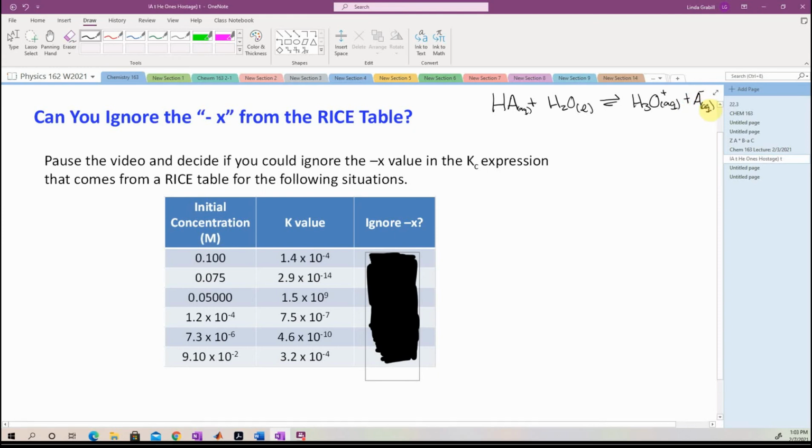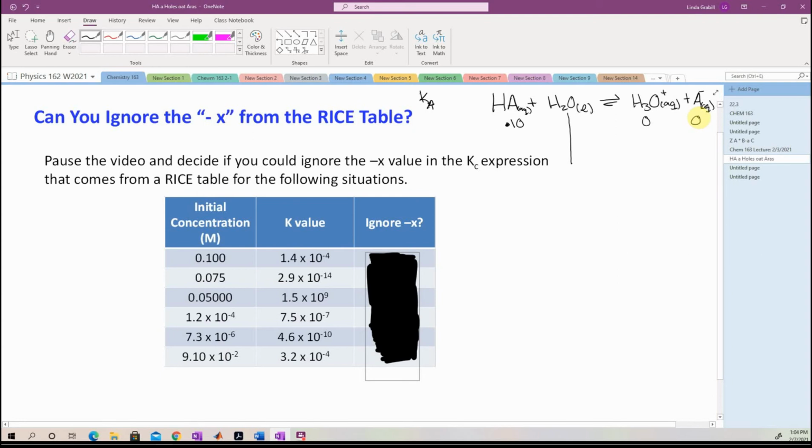So if I gave this to you and you wanted to solve for Ka, you would look at it and say, okay, my HA is going to be some initial concentration, let's just make it 0.10 molar. And my water I do nothing with. If we were just starting it off on the assumption that there was no acid in there before I added my HA, then I would have nothing on my acid and nothing on my conjugate base.